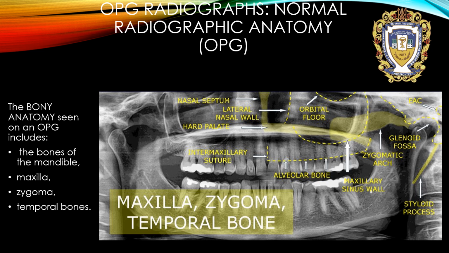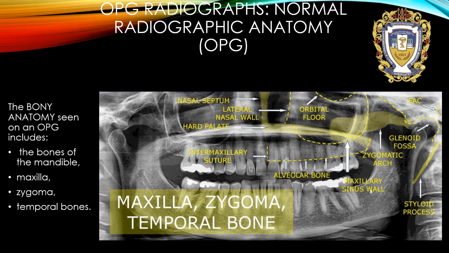Next, bony anatomy seen on OPG includes the bones of the mandible, maxilla, zygoma, temporal bones. Maxilla, orbital floor.